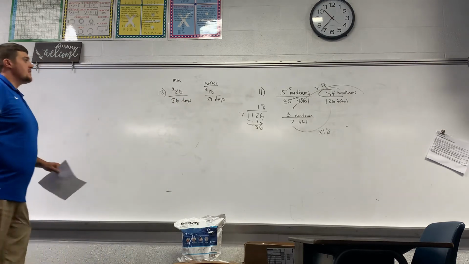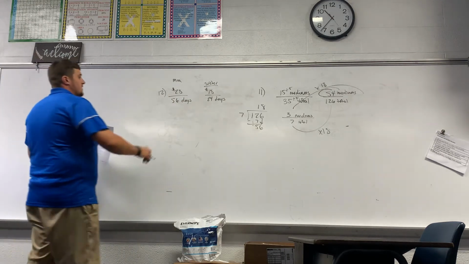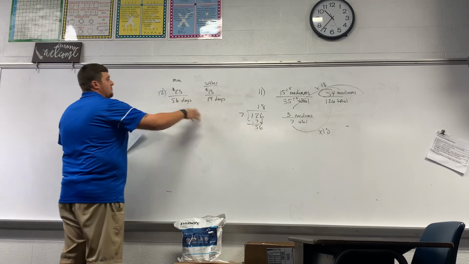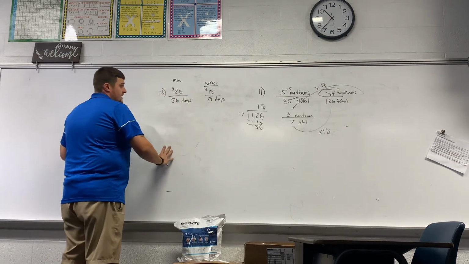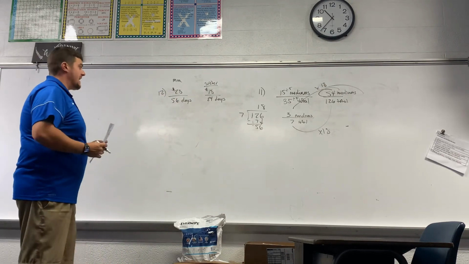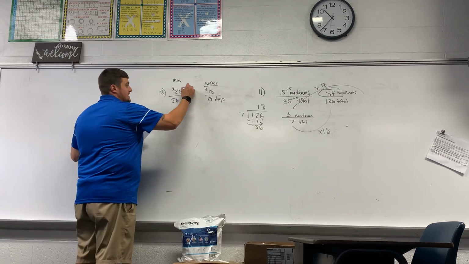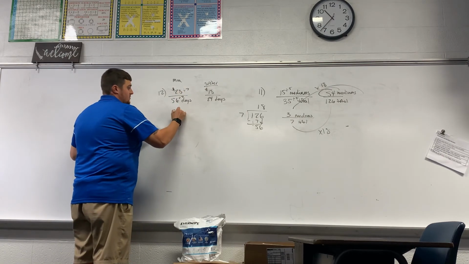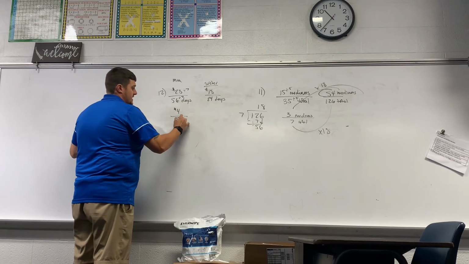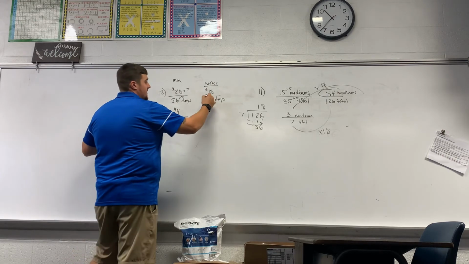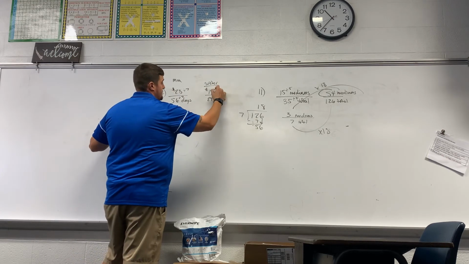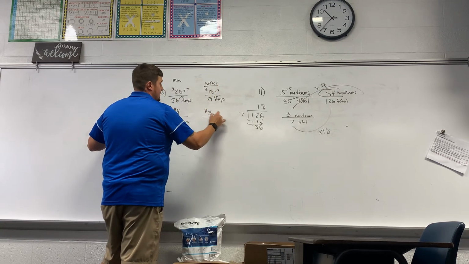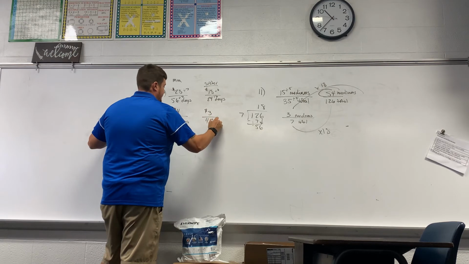Now, clearly you can't go from 56 to 24, but we can simplify these to see if they match. So we can take a 7 out of both of these, so $4, 8 days. And then on this one, we can take a 6 out, so we're going to divide by 6, so you get $3 and 4 days.